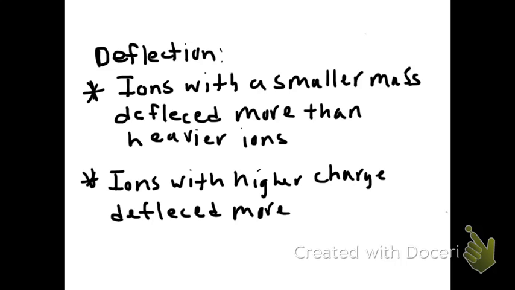And so basically this will determine the mass charge ratio and how much deflection they'll be looking at. So we're looking at their charge and their mass, and therefore the smaller the mass, the higher the charge, the more deflection that will occur when separating these ions. Okay, so just make sure you have those 2 points down with mass charge ratio and deflection.